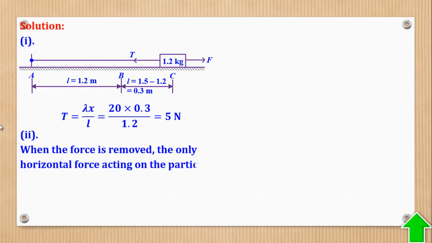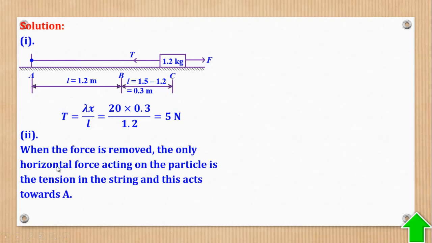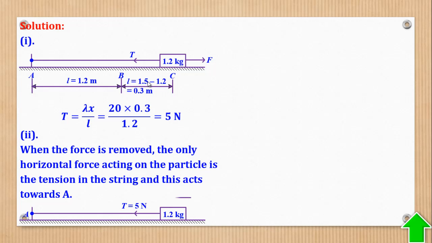So when the force is removed, the only horizontal force acting on the particle is the tension in the string, and this acts towards A, meaning the particle moves towards A. So let's redraw and show the direction of the acceleration on the particle. Tension, then the acceleration.